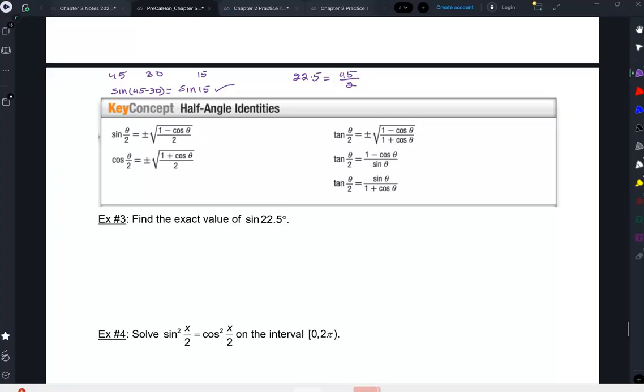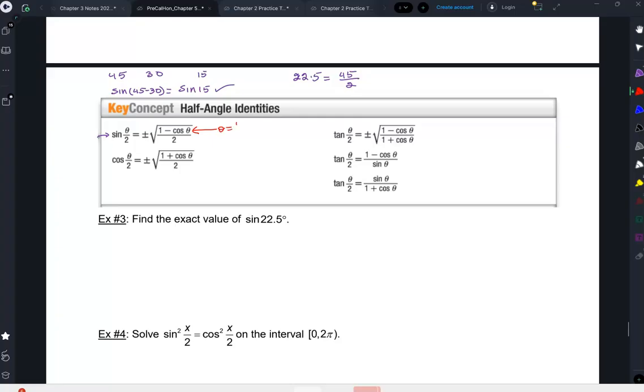Here are the sine, cosine, and tangent equivalents of the half angle identities. So this is sine of theta over 2, for example sine of 22.5. You see how you have theta over 2 on the outside; inside you have theta.